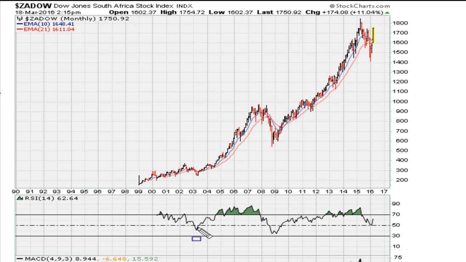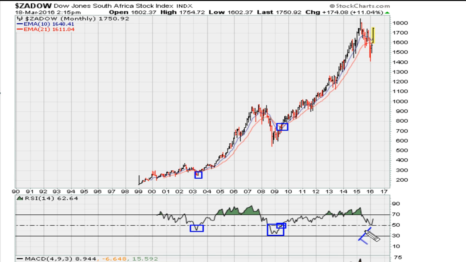If we take a look at the South African market, we can see here on the long term monthly, here was uniform activity below 50 and back above 50 for this nice re-entry, and even this was uniform action in 2008-2009 for re-entry somewhere here once you move above RSI 50 on the monthly chart. Over the last month we've come and hit that level.